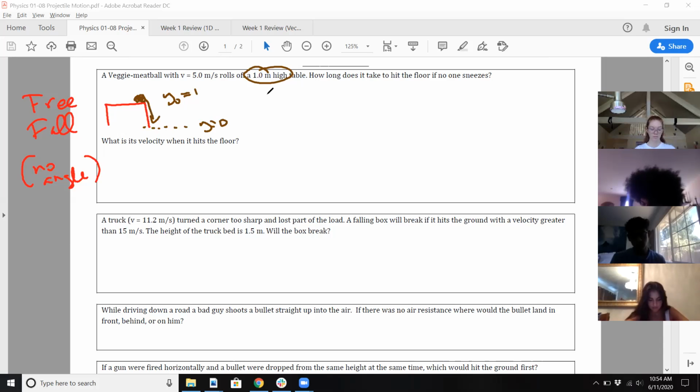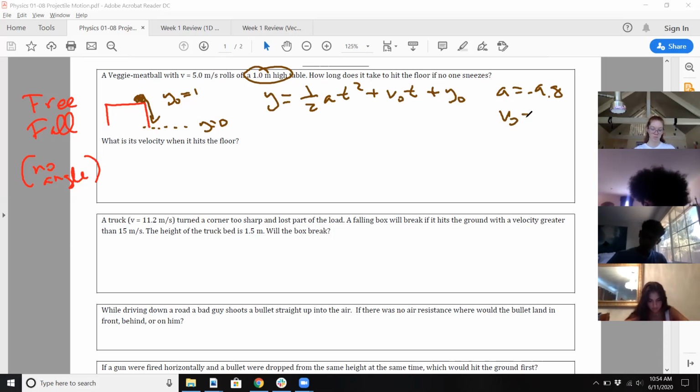And remember our equation. Remember, a is negative 9.8. We'll just do negative 9.8. The 9.81 thing is just not necessary. Initial velocity is 0 because it just fell. We didn't push it off.